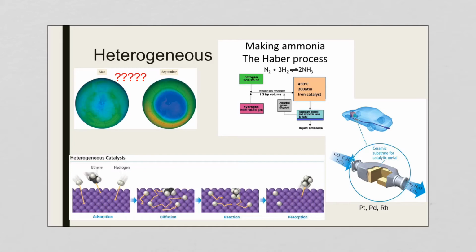Now, the mechanism that I showed doesn't initially indicate that, right? But one of the pieces of evidence that helped determine that we think that there's some sort of heterogeneous process is that it's cyclical by seasons, right? And we can see the ozone hole, right?